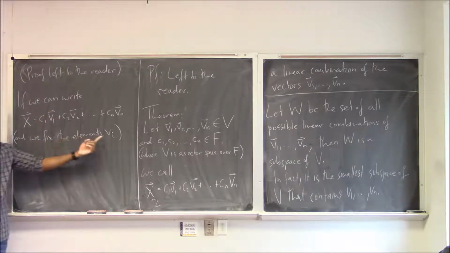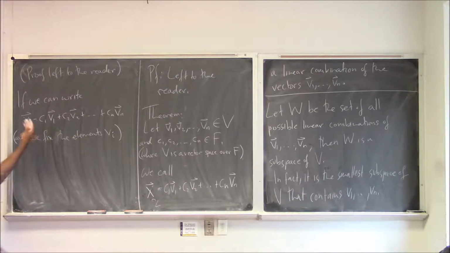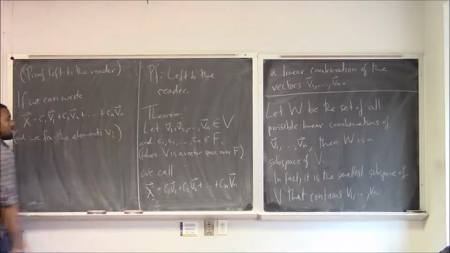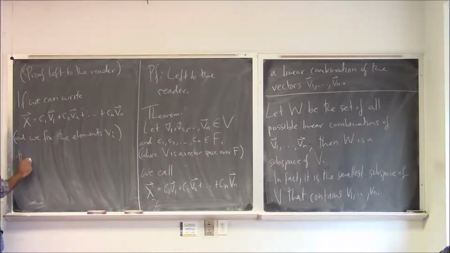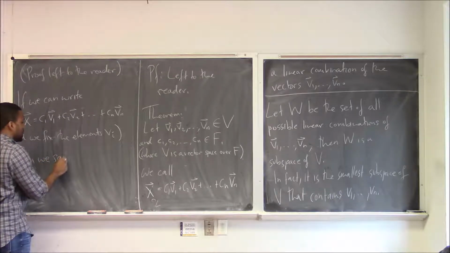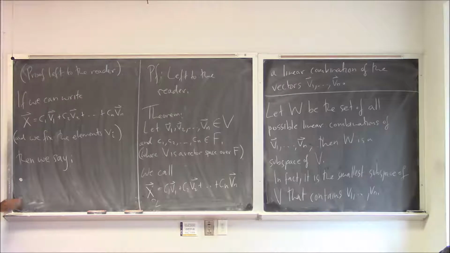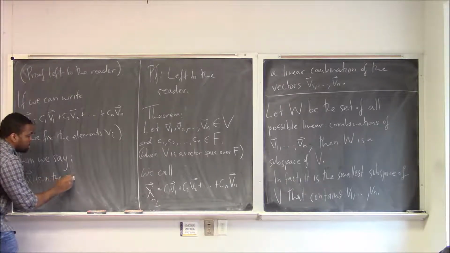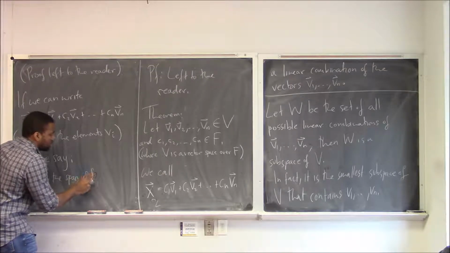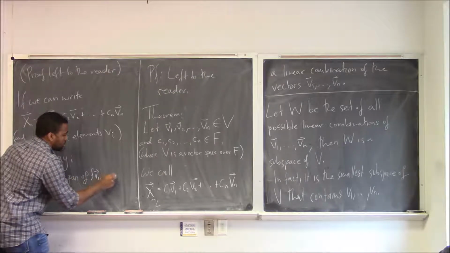So let's say I fix the identities of the Vi's, and I can express some element in terms of this thing. Then we can say a bunch of things. One, we can say X is in the span of the set V1 through Vn.